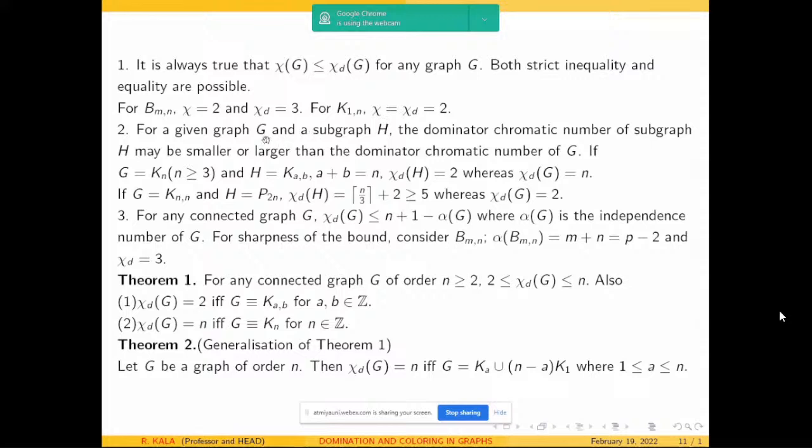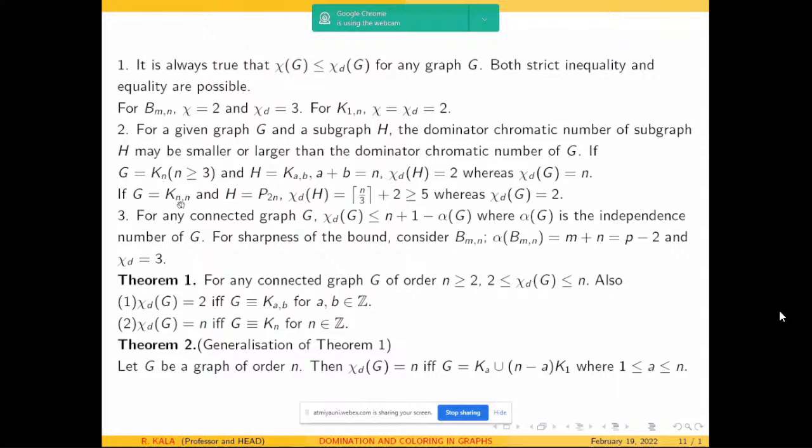Okay. And then if you take a graph G and a subgraph, you can see that in some cases, the subgraph will have a lesser dominator chromatic number than the original graph, and in some cases it may have a larger one. For both things, I have given examples. If you take G as Kn and H as the subgraph, the complete bipartite graph K_{A,B}, of course where A and B are equal to n, I can observe that chi d of H is 2, whereas for G, it is n.